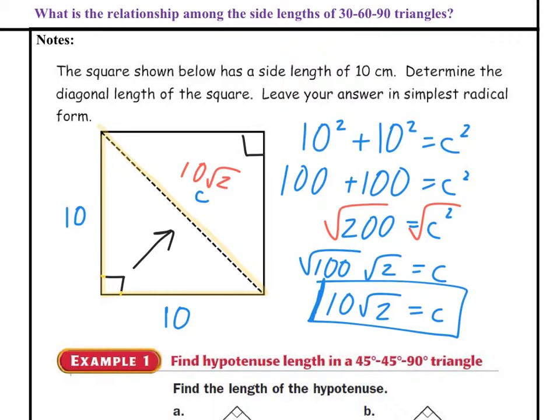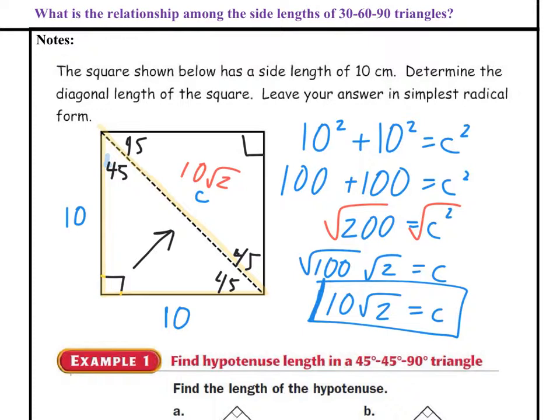You have 90 here. If you remember from a couple units ago, the diagonals of a square bisect the angles. So that would make both of these angles 45. 45, 45, 90 triangle.